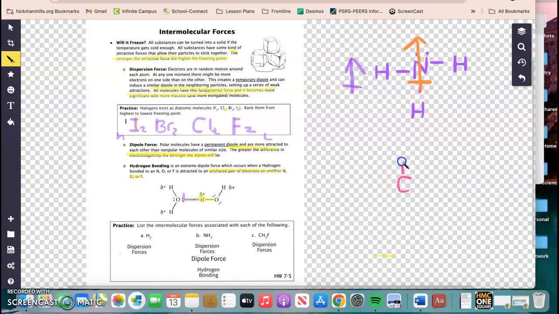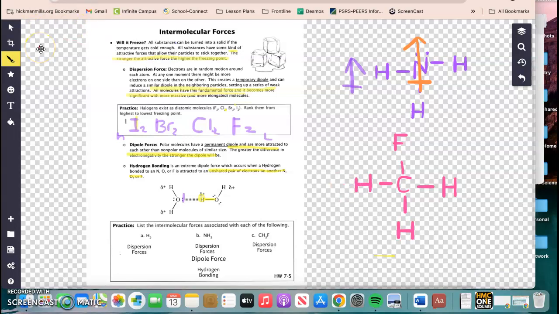It's connected to fluorine, and then 3 hydrogens. So again, while I'm drawing, this might be a great time to pause the video and see if you can calculate the number of valence electrons we have available.